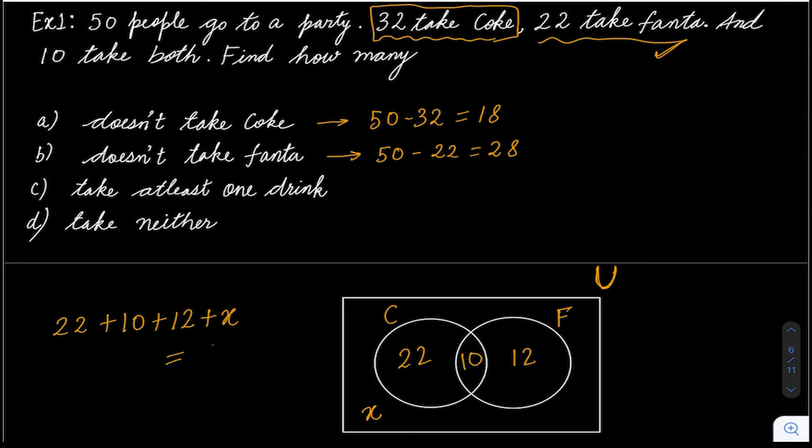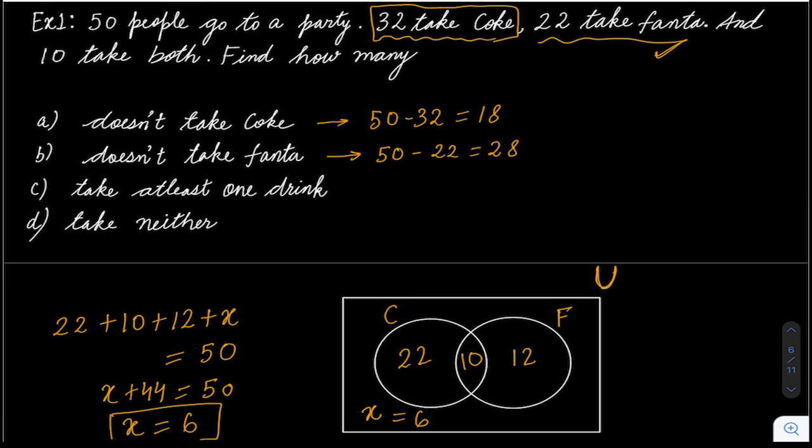So plus x, this total value should be 50. So what is 22 plus 10 plus 12? This is 44. So x plus 44 is equal to 50. So my x value is coming out to be 6. So this is basically 6.